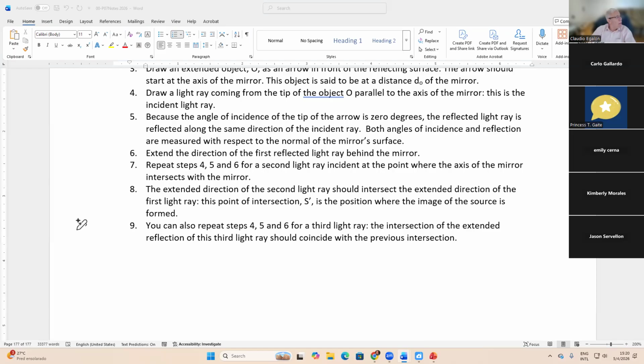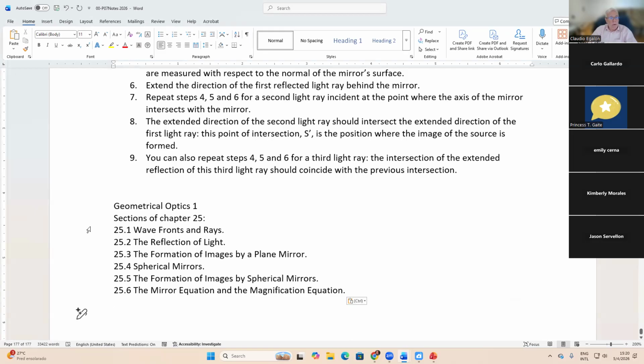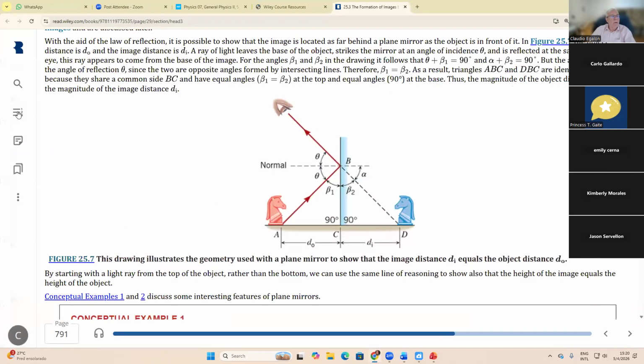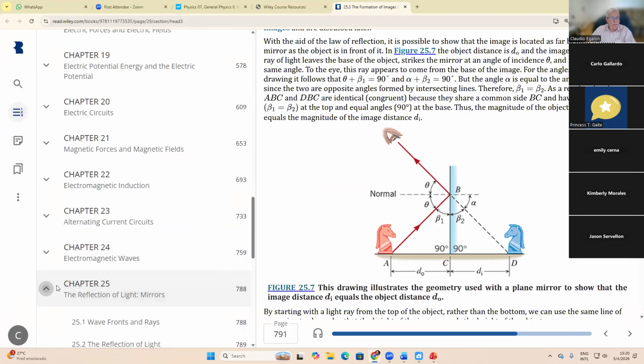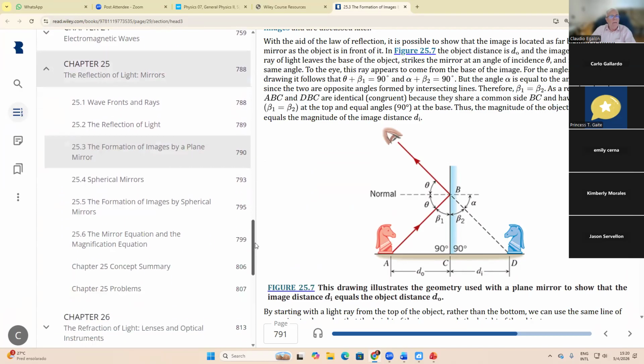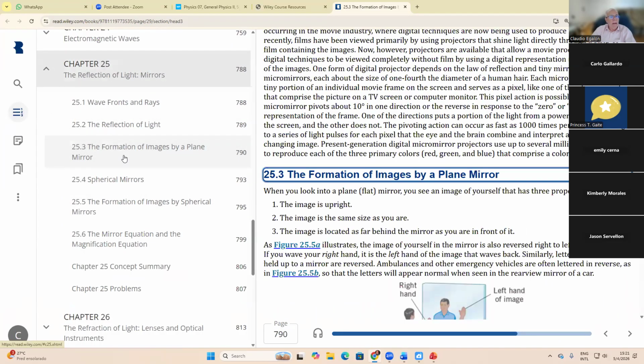So let's take a look at what we have covered so far. Wavefront and light rays, reflection of light, formation of image by a plane mirror.